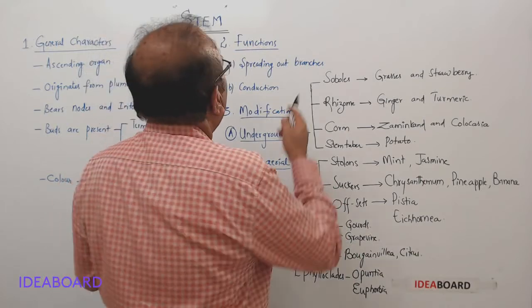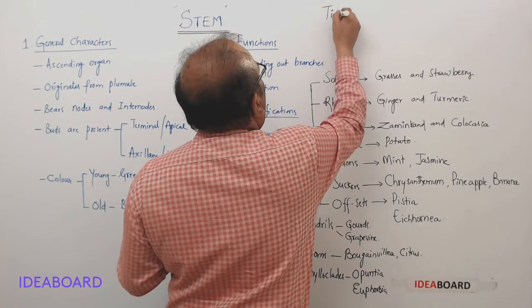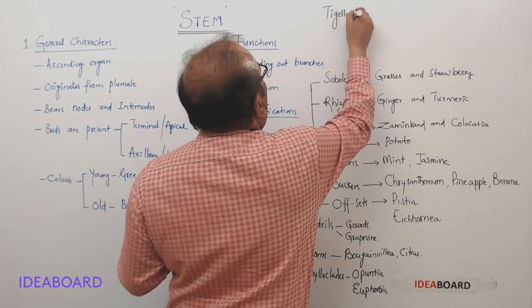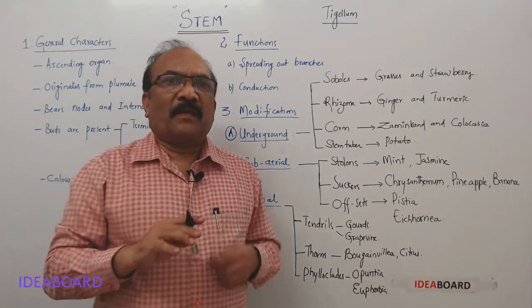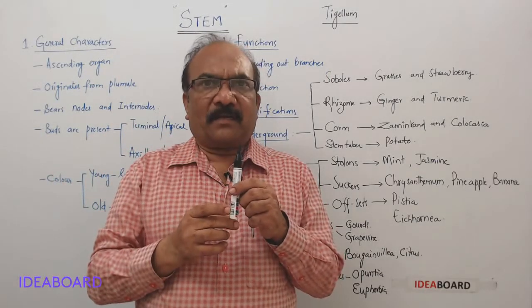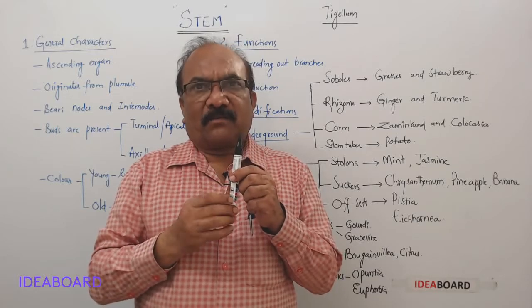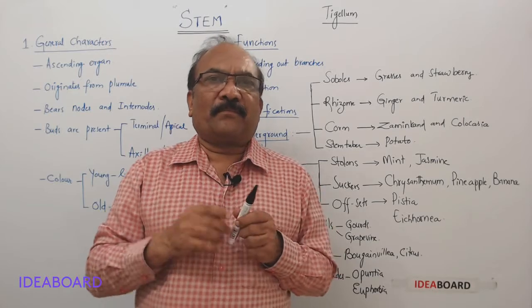Tigellum is the embryonal axis, and it will have a terminal part and a basal part. The basal part is called radicle, and the terminal part is called plumule.